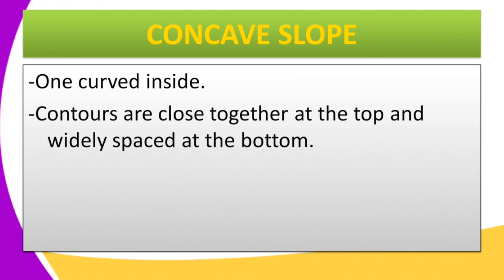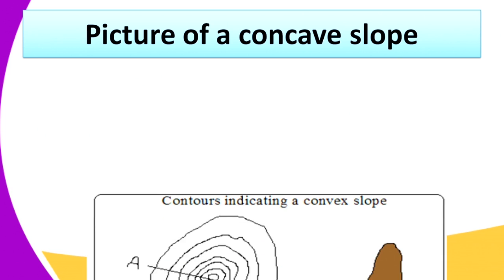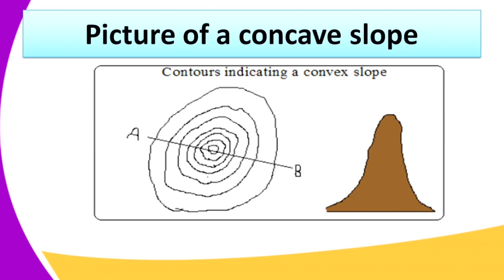Going on to the concave slope, it is normally curved inside, so it is curved going to the inside part of the diagram. So the contour lines are close together at the top and widely spaced at the bottom. So the concave slope is the opposite of the convex slope.